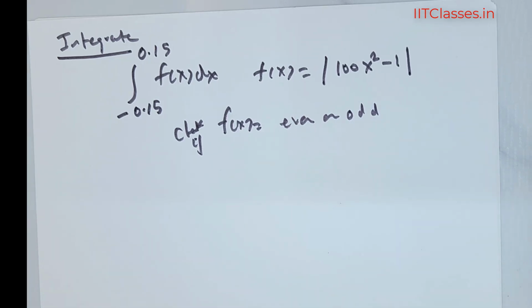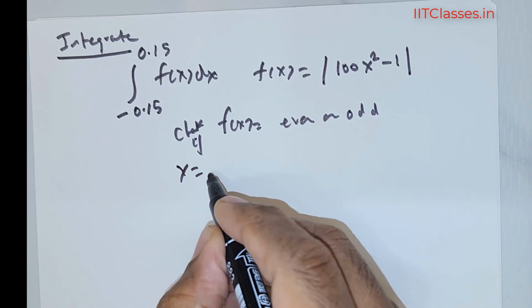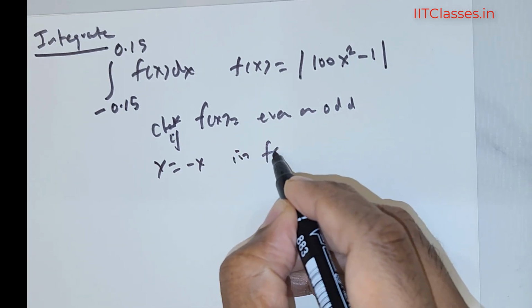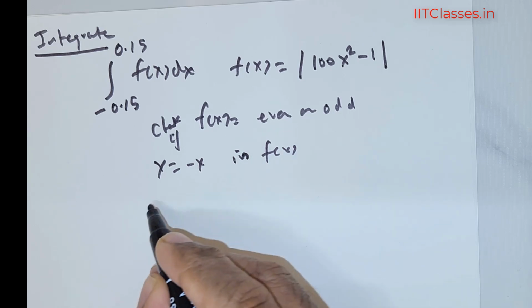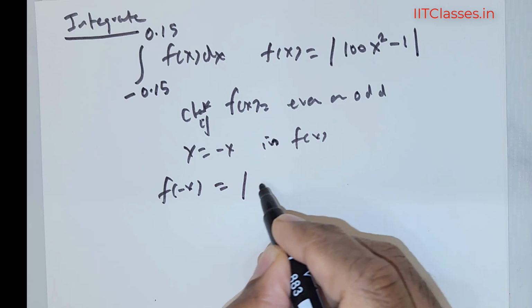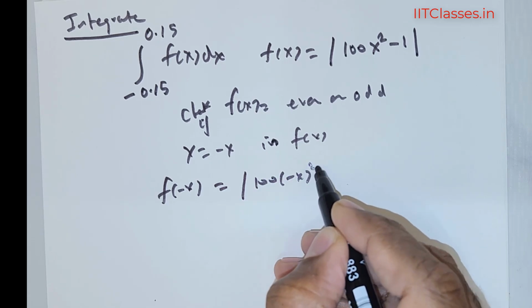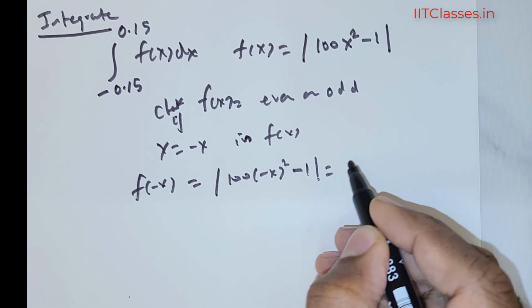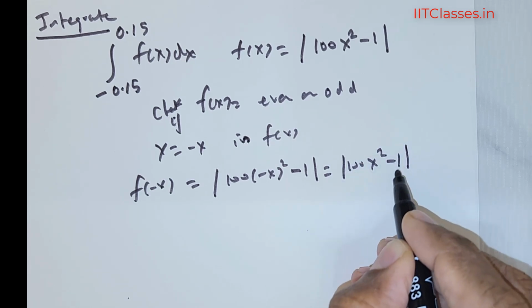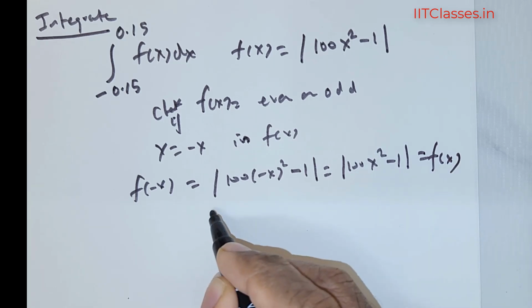Okay, so for that, I would substitute x equal to negative x in f of x. So f of negative x is equal to the modulus of 100 times negative x raised to the power of 2, minus 1, which is going to be the modulus of 100x squared minus 1, giving me f of x.